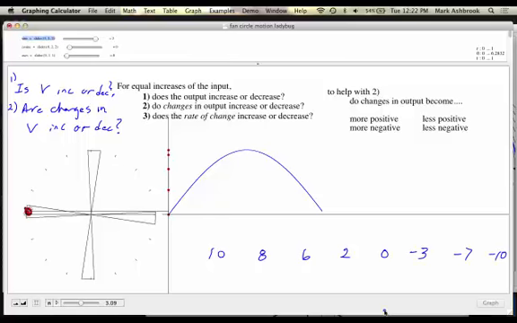Those numbers continue to decrease the whole way. That's exactly what's happening with the changes. We have the biggest positive change at first, then smaller and smaller positive changes in the first quadrant. Then the change becomes negative. We have the smallest negative change, and then larger and larger negative changes. Those changes are decreasing the whole way.